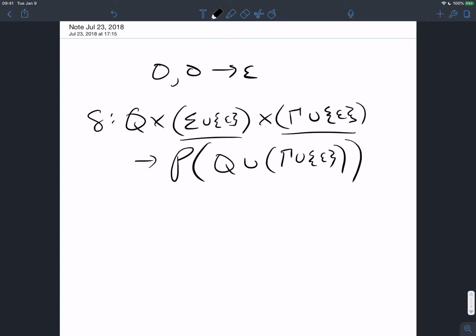The reading and the popping determine which transitions you can apply. If I see a 0 on the input and a 0 happens to be on top of the stack, I can apply this transition. I don't have to, but I can.